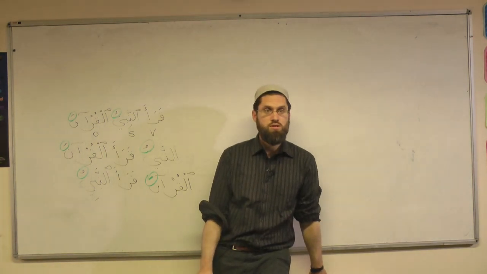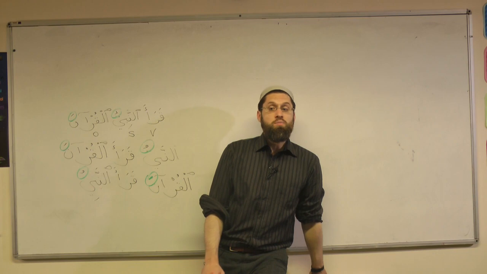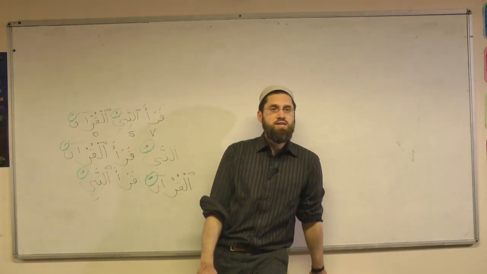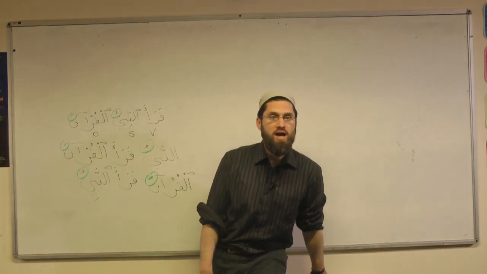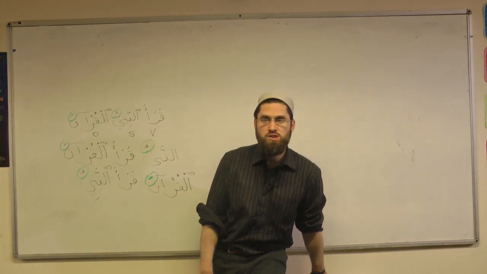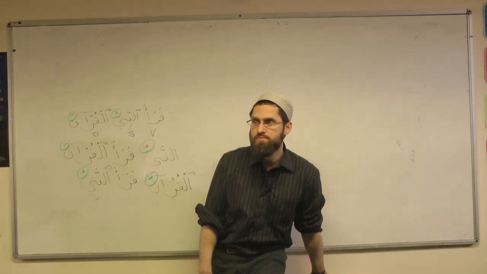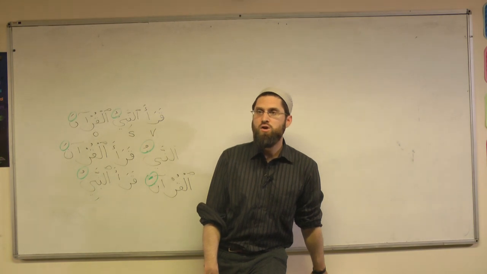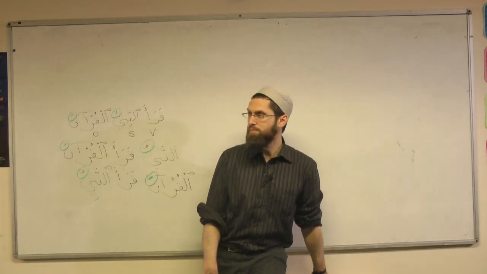Okay, that's what Fatima wants. She wants the object. Now, what we say is that in the second sentence there is a verb and the subject is an implicit pronoun in the verb, which is understood as "he". Say that again. So in the second sentence, we say there's a verb. Yes, ذهب is a verb.